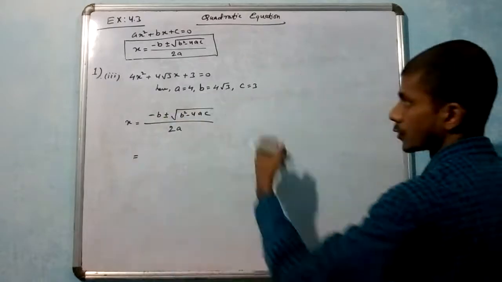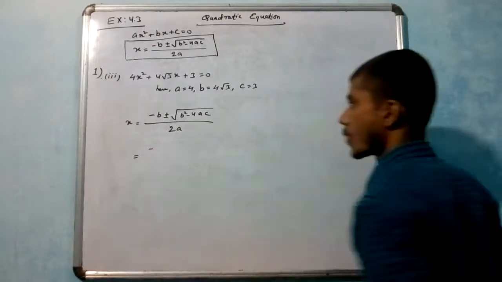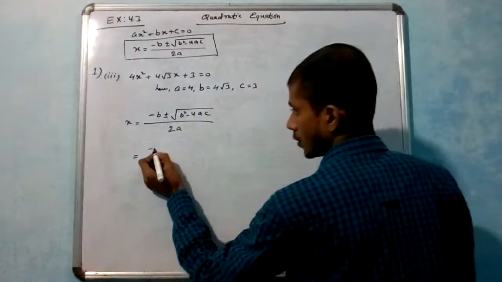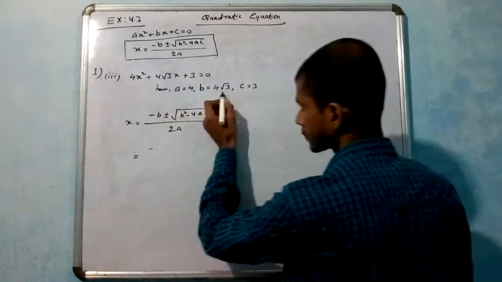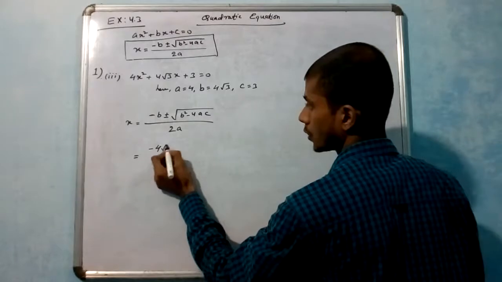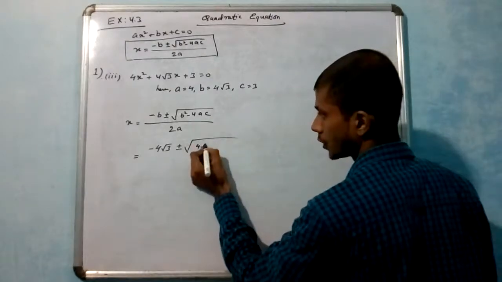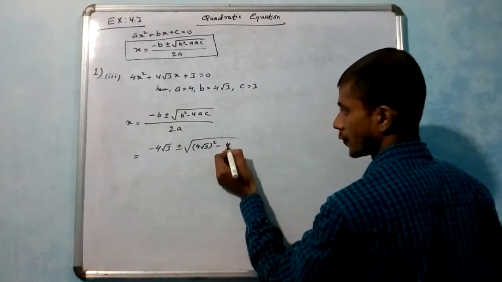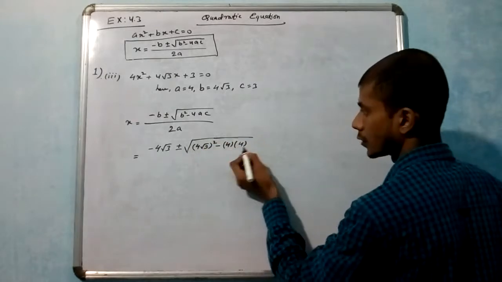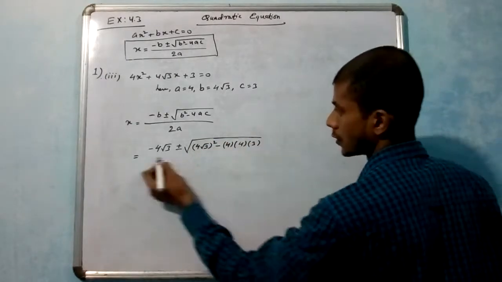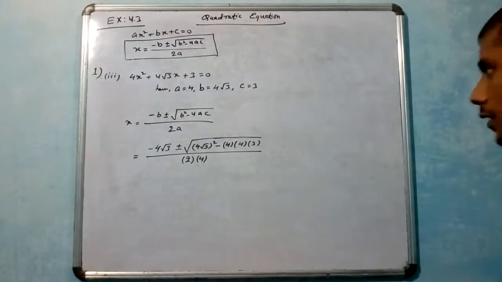Now minus b, so minus of 4 root 3 plus minus square root of b square, 4 root 3 square, minus 4 into a is 4, into c is 3, by 2 into a is 4. Correct?